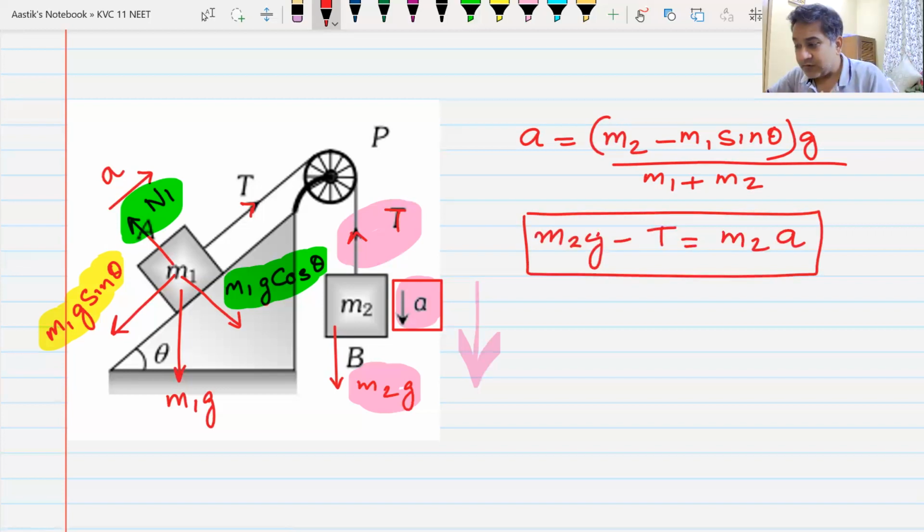I don't want you to remember the value of T in all cases because you will get confused. The only simplified way is to remember the value of a, and how a is coming is the same everywhere. You get the value of a and then you put it in the equation and you will get the value of T. I'll give you 1 minute to note this down. Anyone has any doubts on this? Okay, 1 minute.